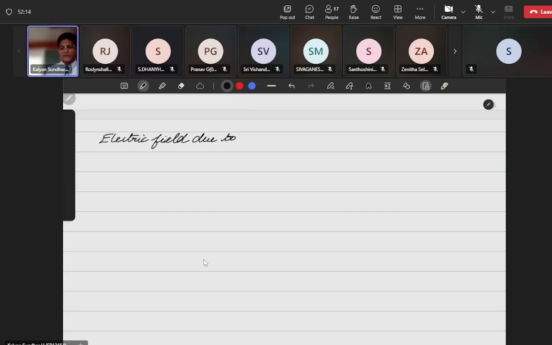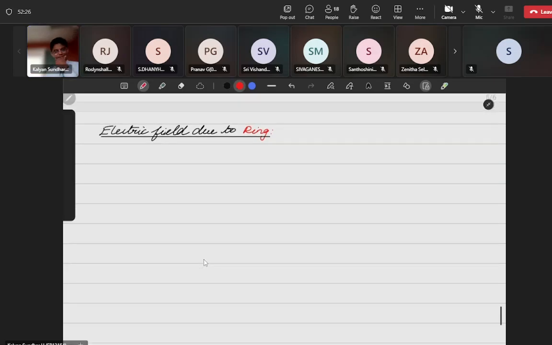So electric field due to a ring. Oh wait. So instead of a ring, it's for any curved path.